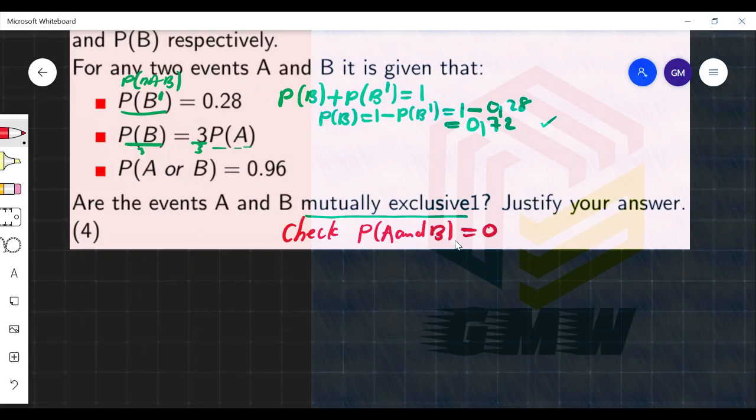You can't start by writing this as a solution. You start somewhere else until you arrive at a point where you are able to conclude. If probability of A and B turns out to be 0, you conclude that events are mutually exclusive. If you get an answer which is not 0, you conclude that the events are not mutually exclusive.